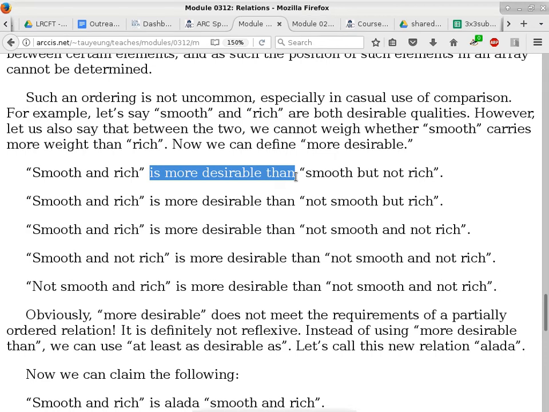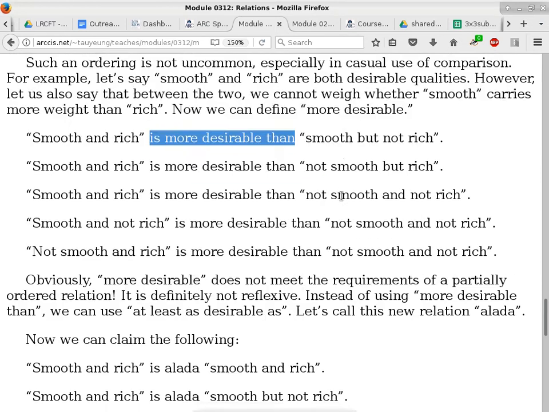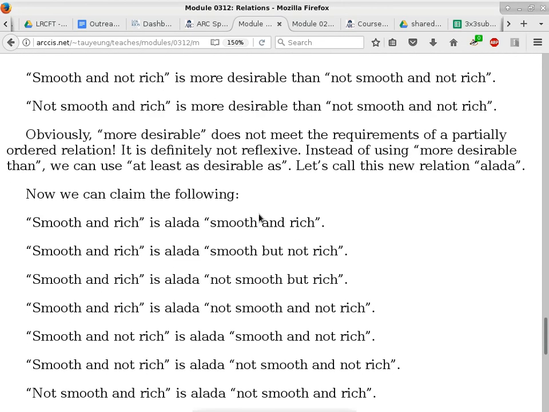Okay, fine, let's redefine the relation a little bit. Because the flip side of that is, so that's why I have this kind of, it looks like a typo, but it's not. "At least as desirable as." Okay, so I just redefined it a little bit.